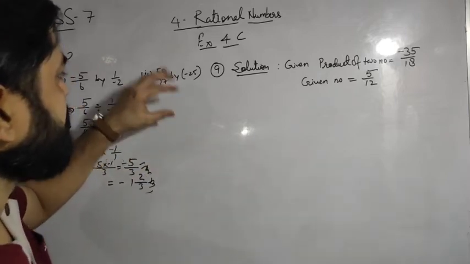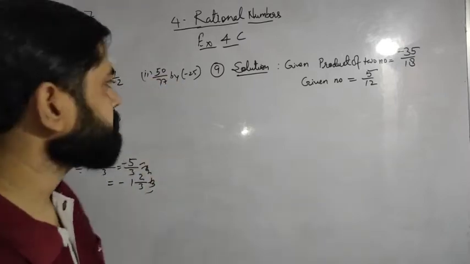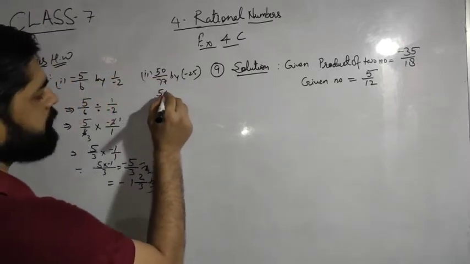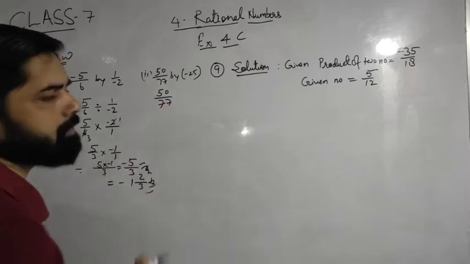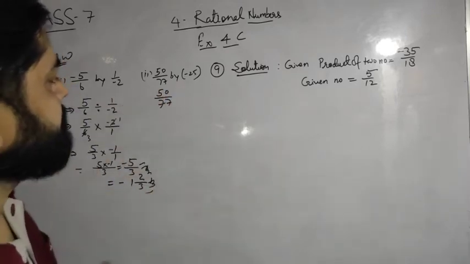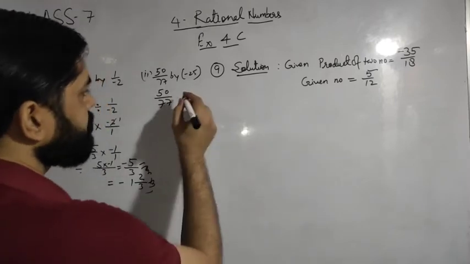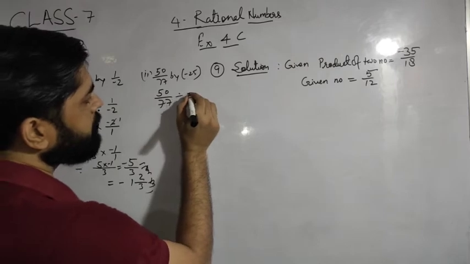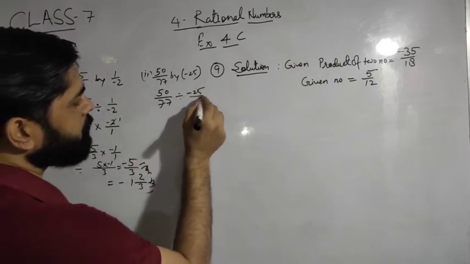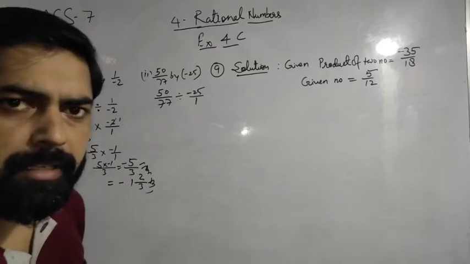Now next, what is 50 upon 77 divided by minus 25? So write 50 upon 77, and then what is it saying? Divided by minus 25. So division, then 25, and 25 we can write with one denominator.